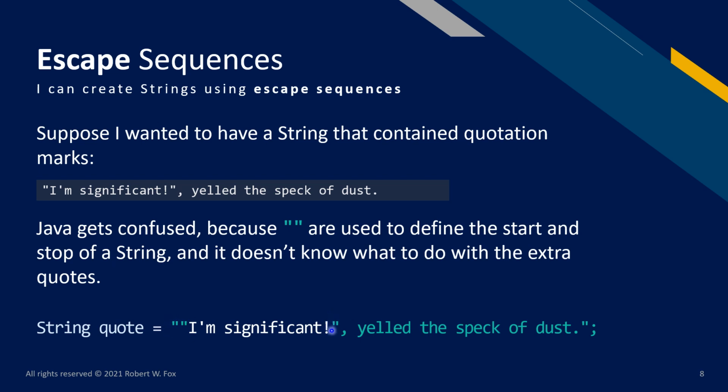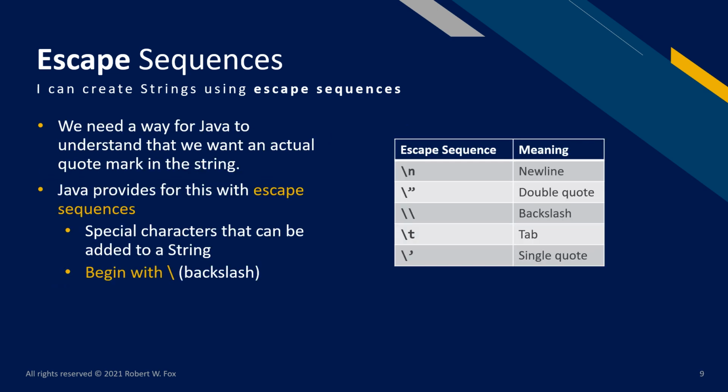There's a second string that goes from here to here, and then Java's not really sure what to do with what's in the middle. It doesn't understand that I actually want those quotation marks to be a part of my string. We need a way for Java to understand that we want an actual quotation mark in our string.